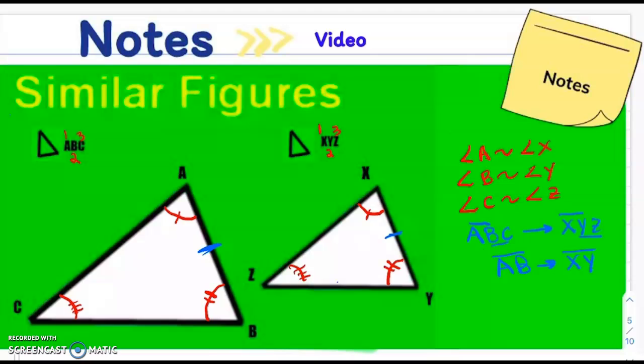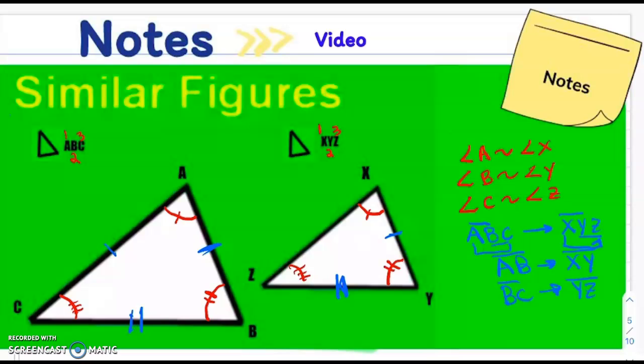So BC, I'm going to put 2 lines, and that corresponds to YZ. Last one would be AC and XZ.